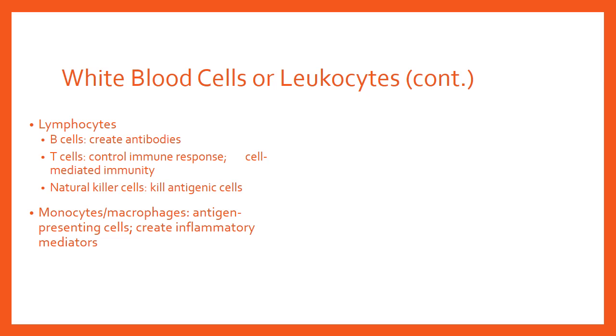Again, they have very distinct cell roles. They are cells that play a role in inflammation, as well as having antigen presenting roles to cells. So these are the cells that will actually digest the invader, but will present it at the same time to the T cells.